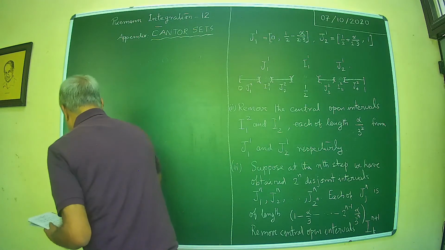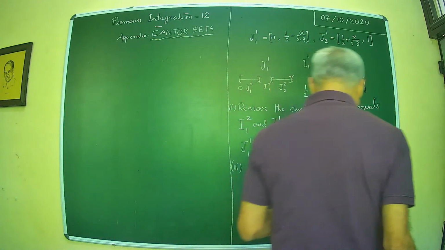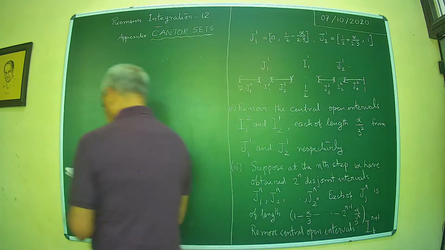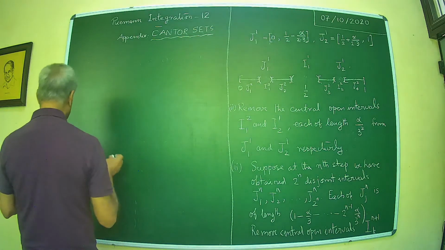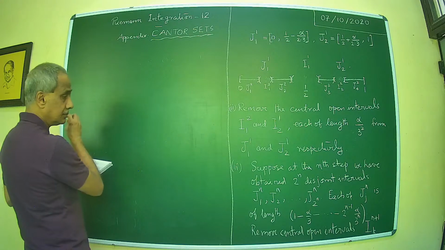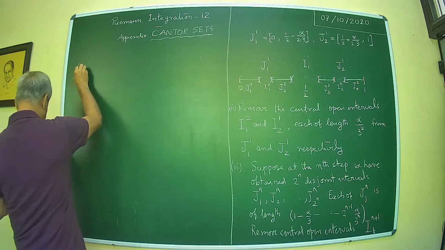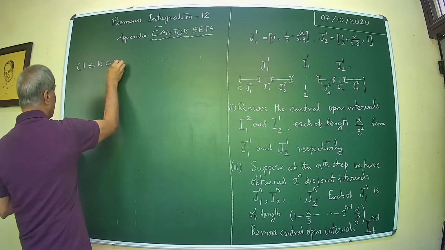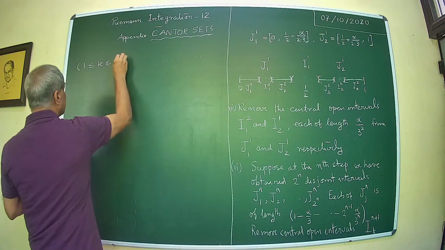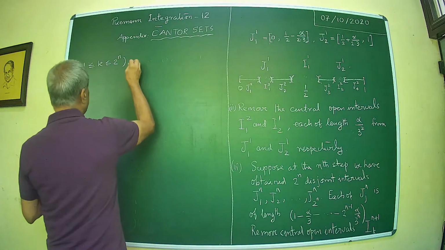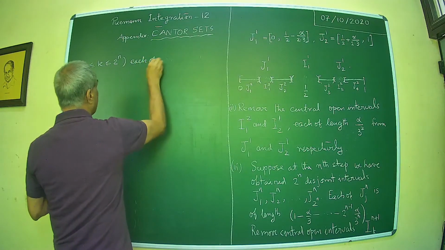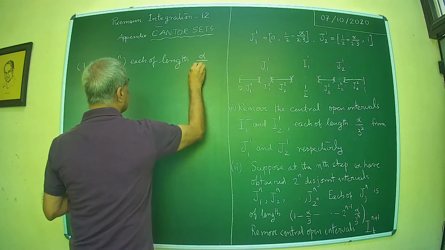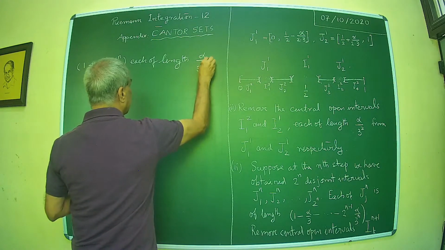And that would leave behind J's. This is new. So we have 1 less than or equal to k less than or equal to 2 to the power n, each of length alpha by 3 to the power n plus 1.